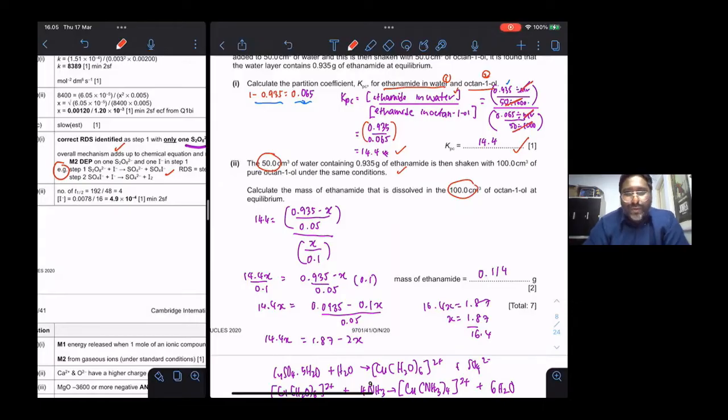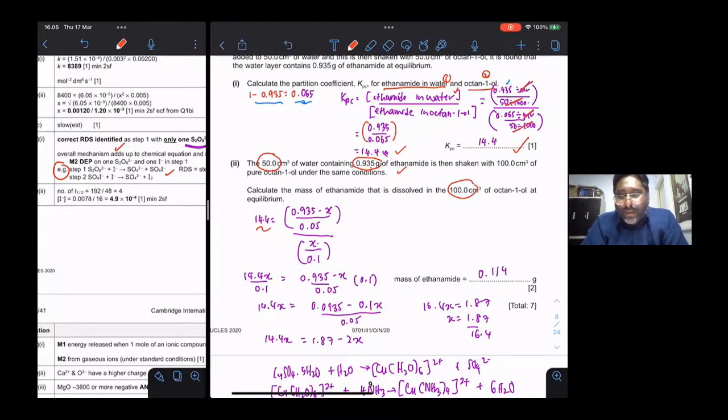You know what the student will do most of the time? They just use the 14.4, the same thing that you found, then put 0.935 and divide by X. You forget one thing: this is the amount of ethanamide in water, and a certain portion from here will go and dissolve in octan-1-ol.